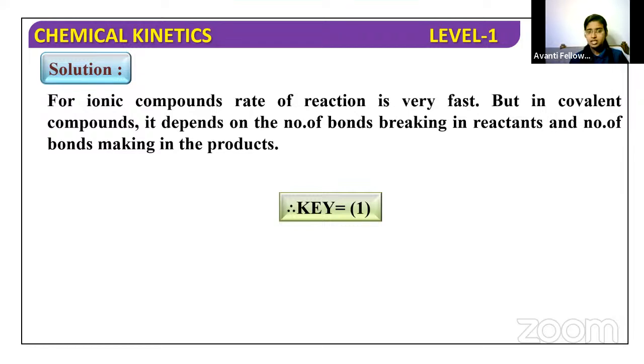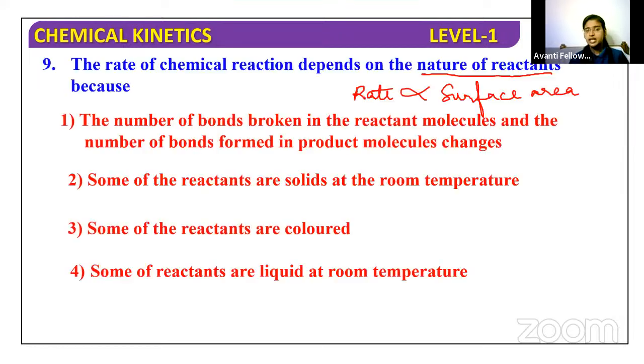They are asking for the reason. The rate depends on the nature of the reactant, because some of the reactants are solid, but that gives the reason only for some reactants. We need the reason in general for all types. So that cannot be the answer, because it talks about only very few reactants, not all.